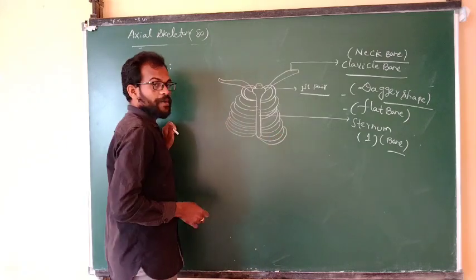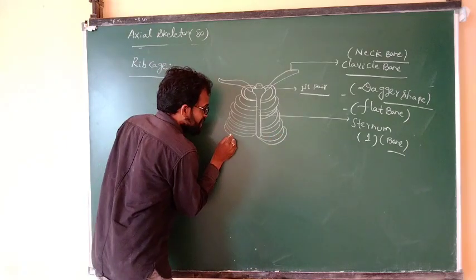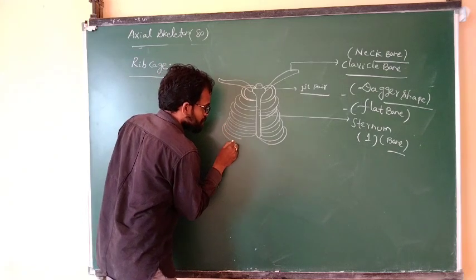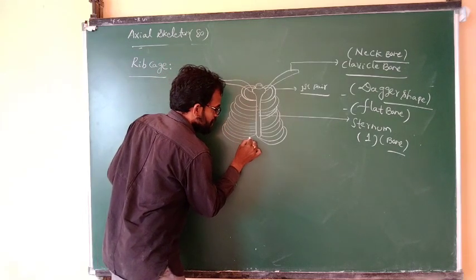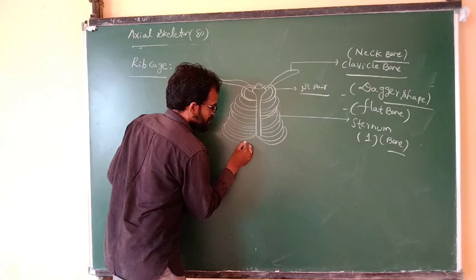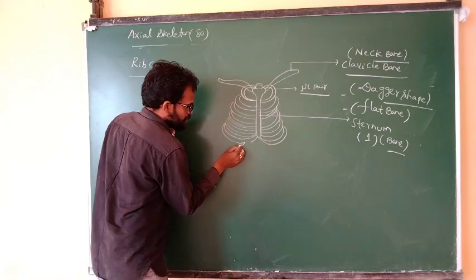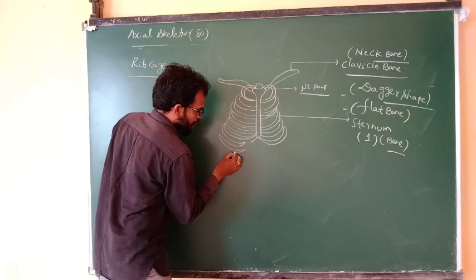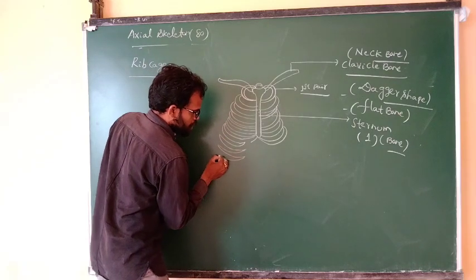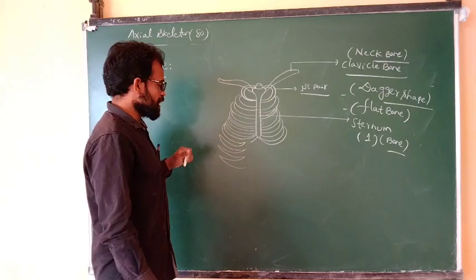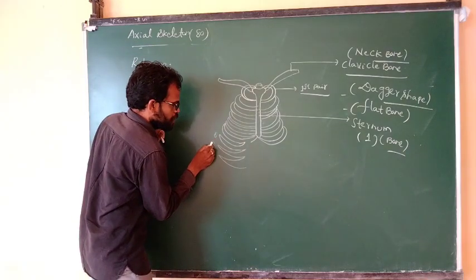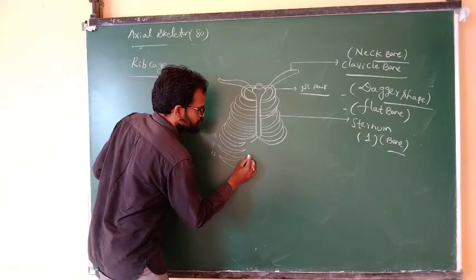Coming to the seventh pair. How will we locate the seventh pair of these ribs? The seventh pair is attached to the eighth one, ninth one, 10th one.